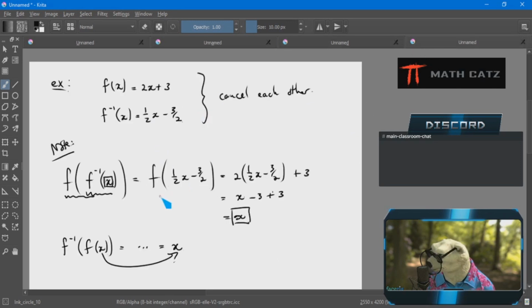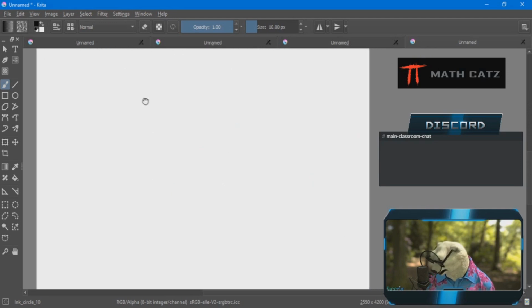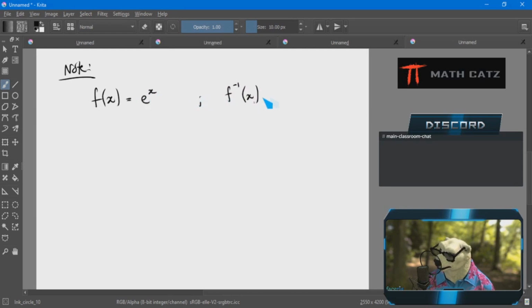Something very important is understanding the link between the exponential function and its inverse, the natural logarithmic function.